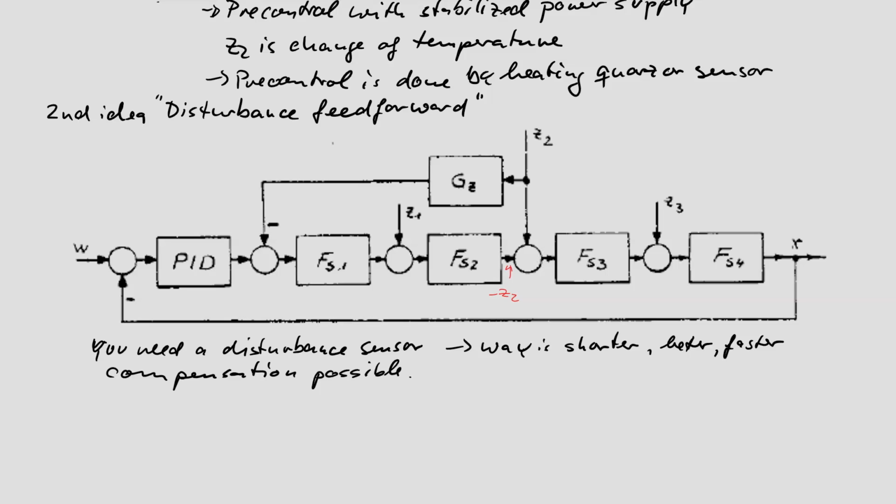So this is the ideal compensation with negative Z2. To get negative Z2, and here we have positive Z2, the negative sign is here, this is possible if the product of the GZ transfer function times FS1 times FS2 is 1. Yeah, ideal compensation.